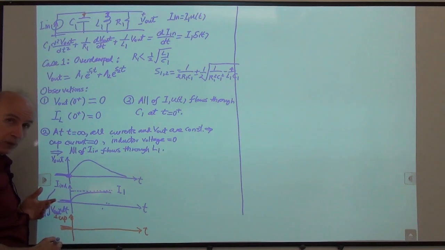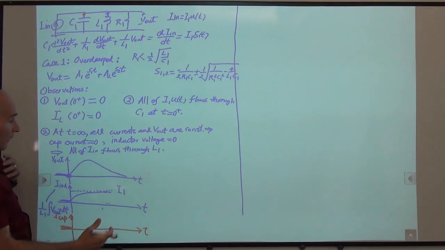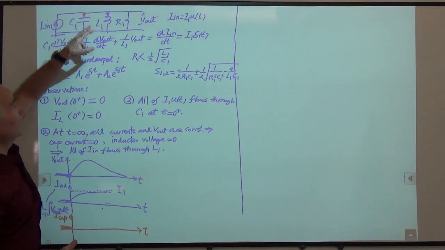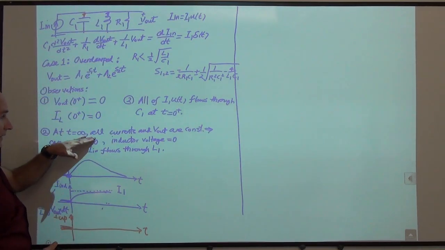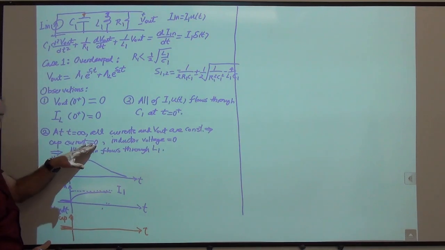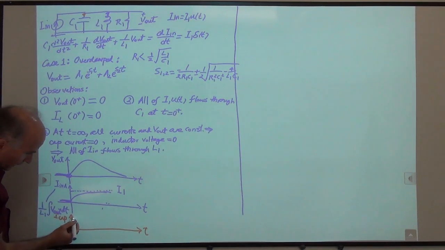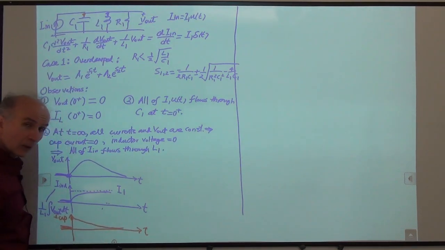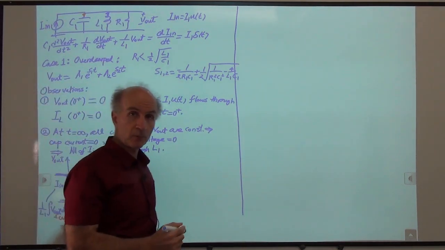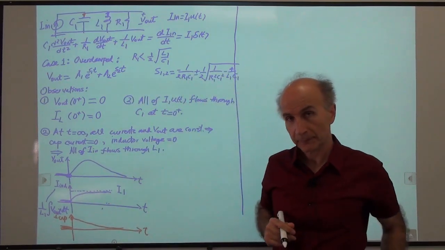And then what happens? Well, as time goes by, we know that eventually all of this current has to end up in L1, so C1 has no current at time infinity, as we discussed here. So cap current is 0. So it has to go towards 0. The question is, does it just go like this, towards 0, or not? So we have to think about that carefully.